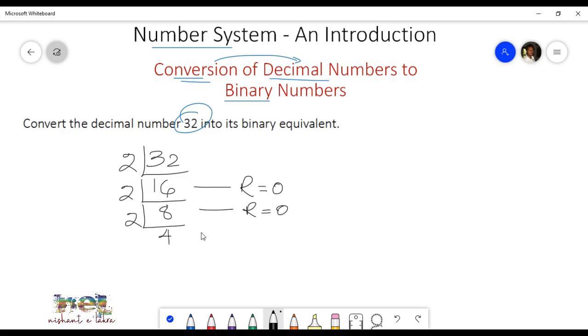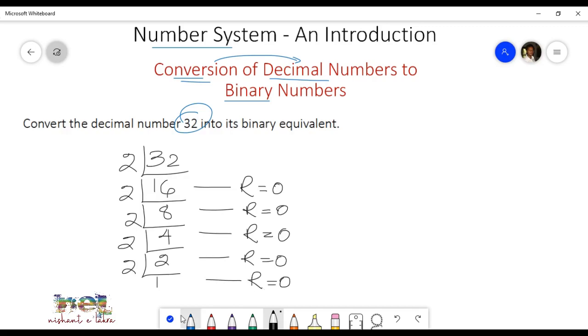Let's continue dividing by 2. 2 4s are 8. In this step also, R is equal to 0. 2 2s are 4. In this step also R is equal to 0. And the next step is 2 1s are 2, where R is again equal to 0.